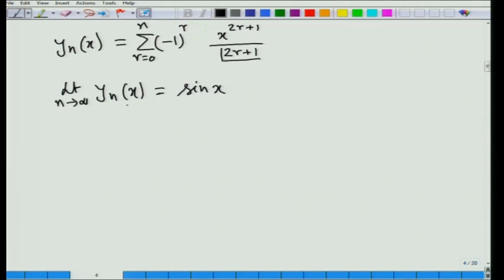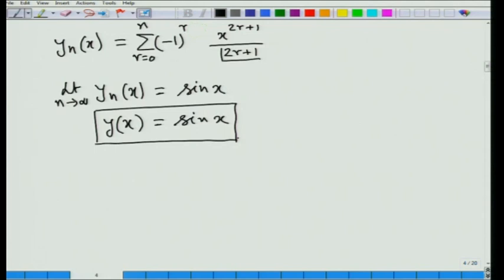Hence y n x converges to sin x, and the solution to the given problem is y x equal to sin x. This is the solution to the given integral equation. Next, we consider one more example.